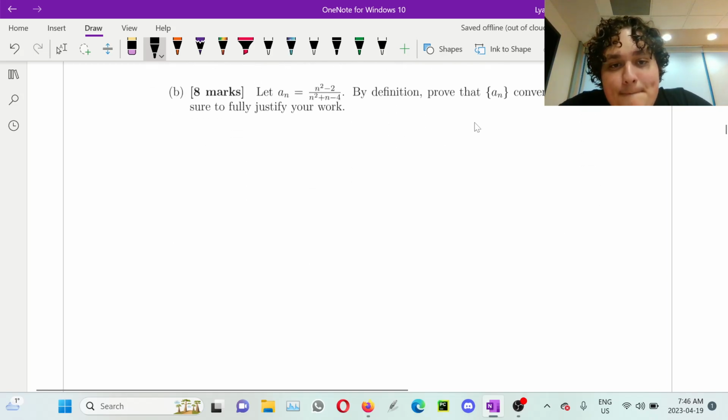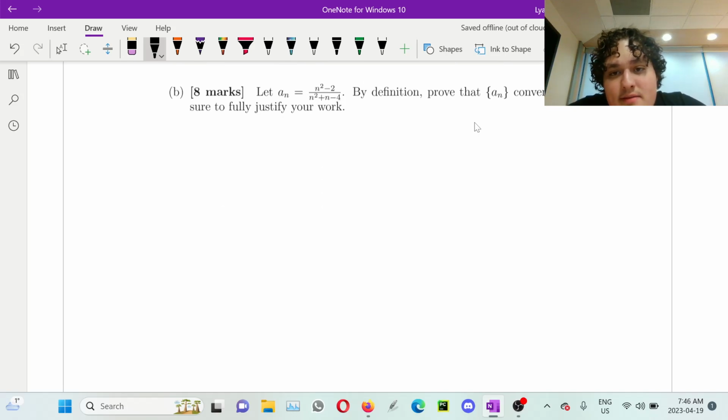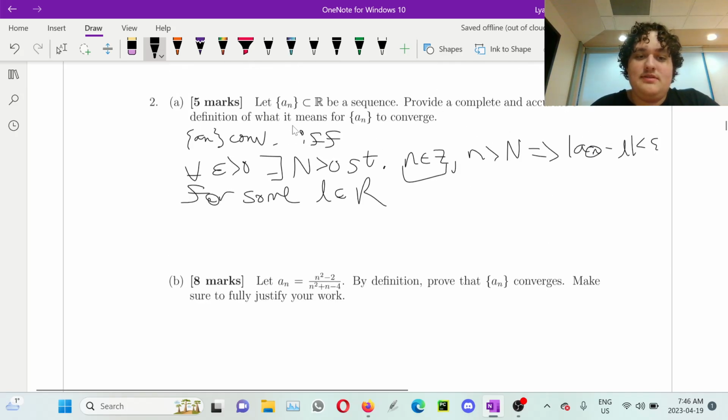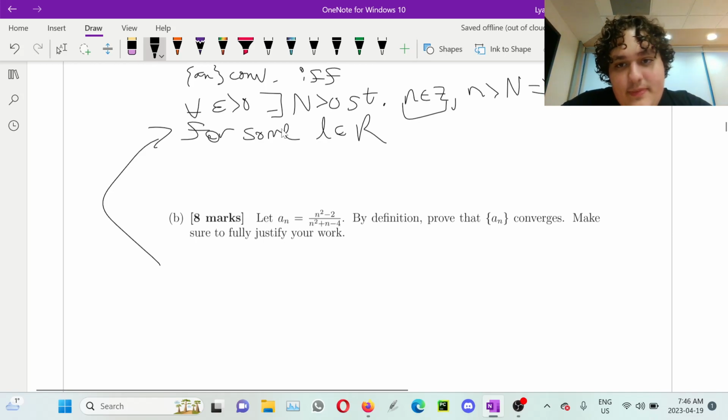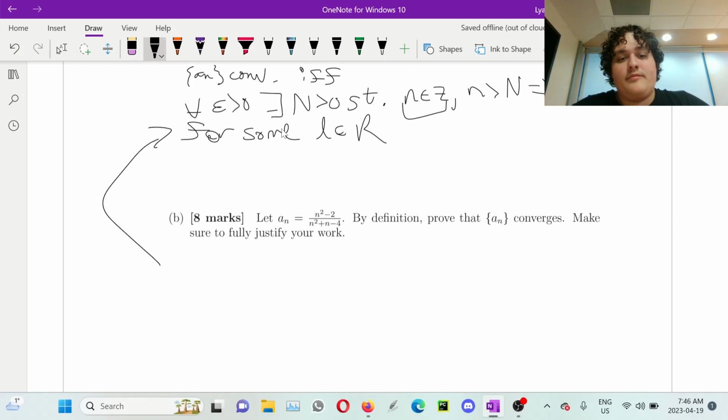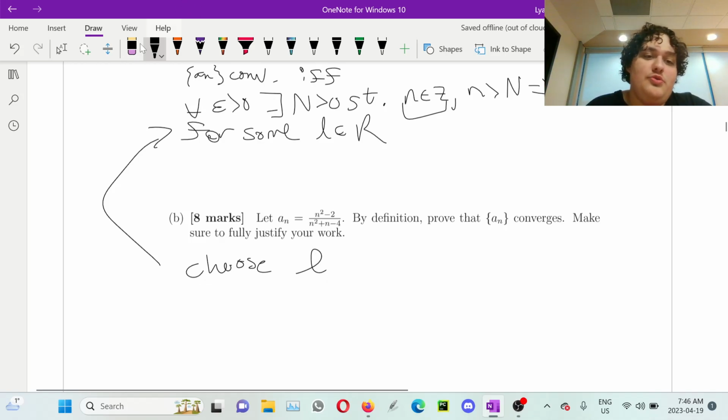Okay. Let a_n equal that. By definition, prove it converges. Make sure to fully justify your work. Okay, so we should use the definition we wrote above. We need to prove this. So I'm going to guess that L equals 1.